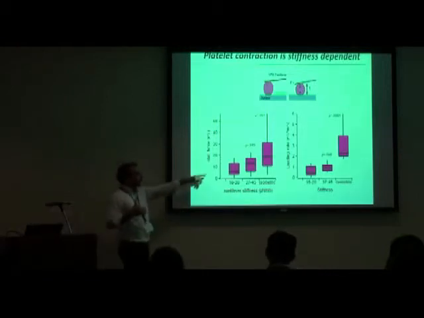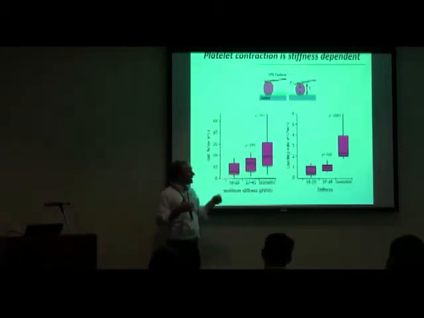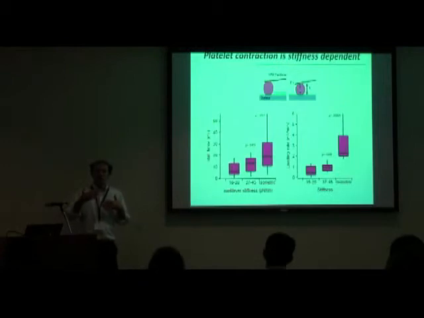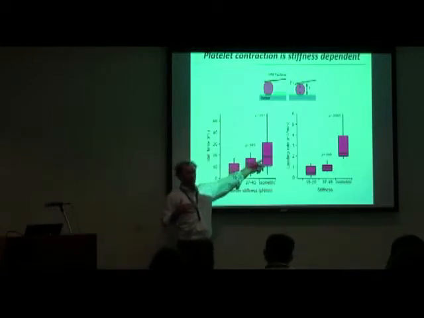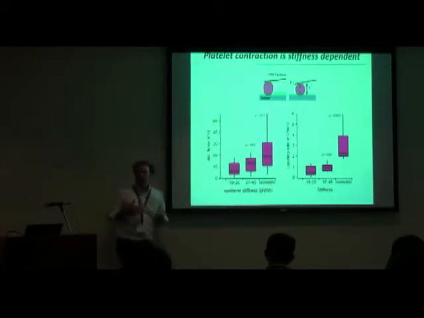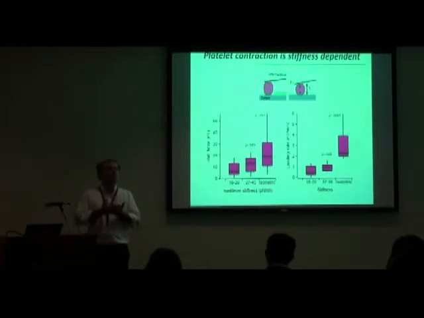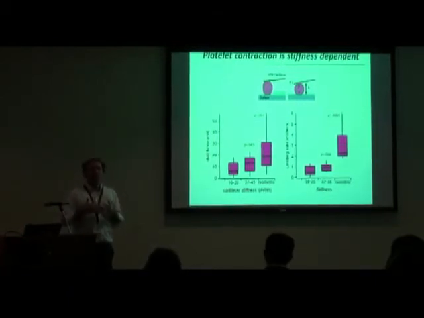But what that says is that the platelet machinery is sensitive to the stiffness of the clot, and in fact is able to pull harder on a stiffer clot. Now why might we want it to do that? What would be a good thing about pulling harder on a stiffer clot?